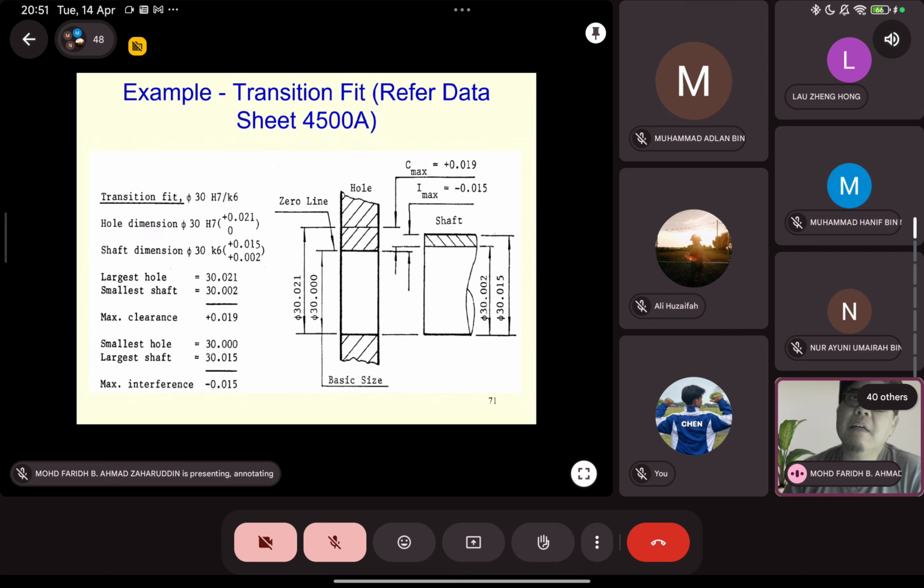So we can say that the minimum clearance and minimum interference only exist in the clearance fit cases and the interference fit cases, right? Yeah, the minimum clearance and the minimum interference only exist in the clearance fit and the interference fit. There is none in the transition fit. Okay, sure. Thank you, doctor. Right. Thank you for the question. Okay.